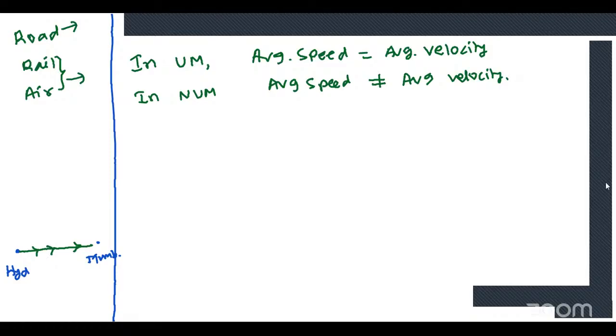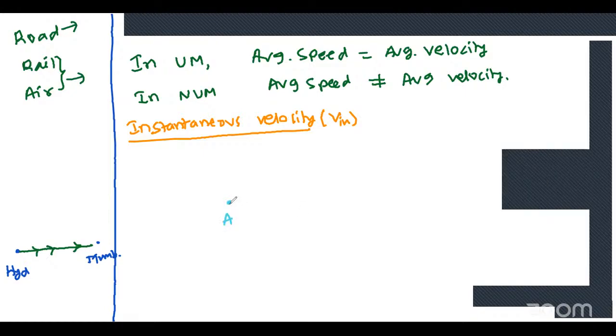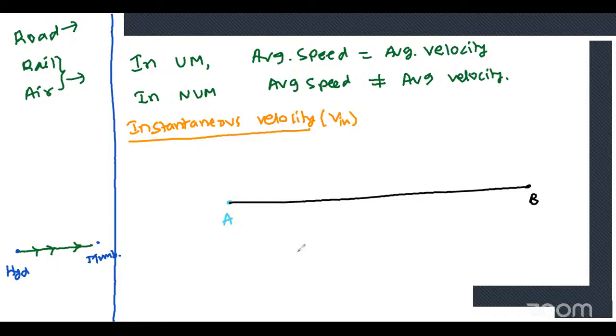Next, instantaneous velocity. Let us consider a particle starts from A and reaches the point B. In between, we are having the points C, D, E. Here, the particle starts with a speed V1, and here it is V2, and it takes a time of 20 seconds.